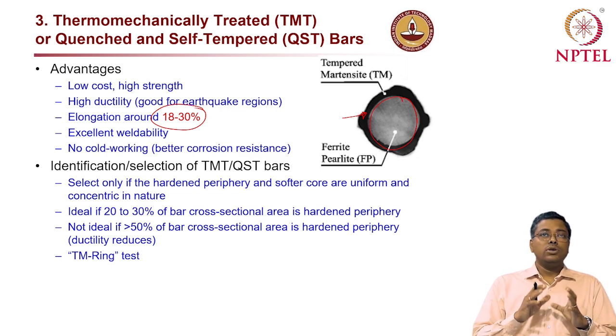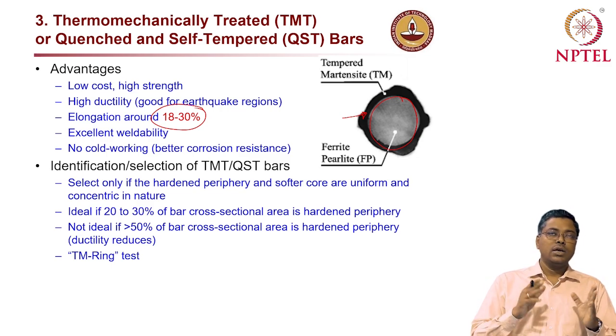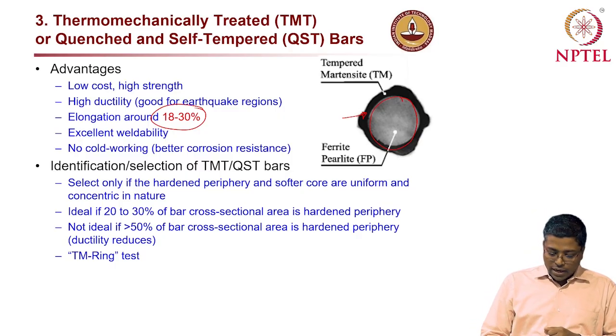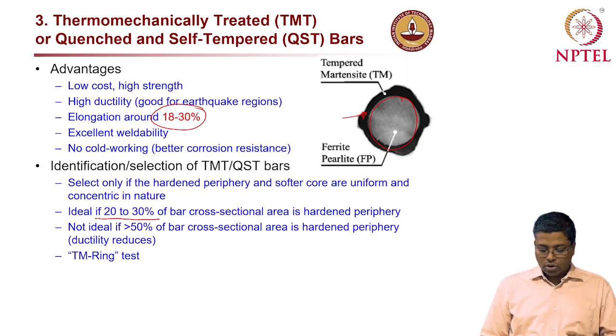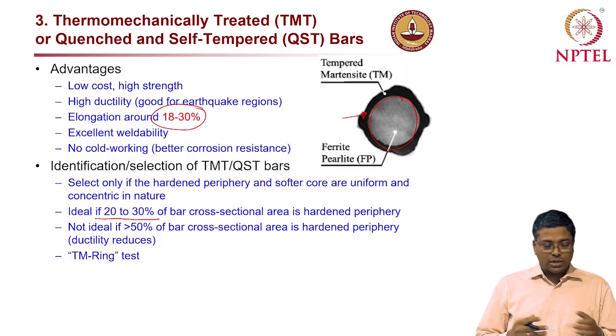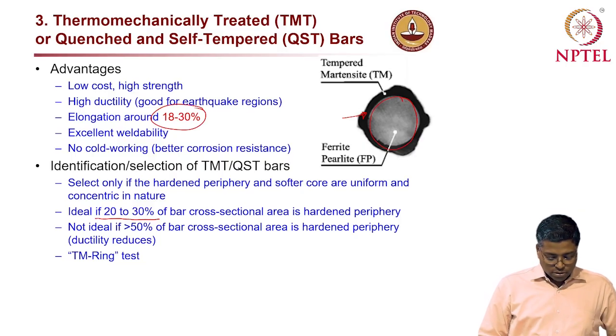Only then will you get highly ductile, sufficiently strong steel with good surface hardness. Ideally, 20 to 30% of the cross section area should have this tempered martensite phase. But we are seeing that there is a huge variation, which leads to a variation in the mechanical properties of the steel.